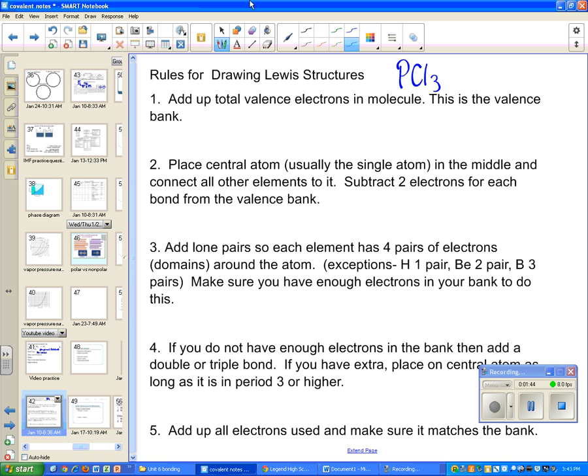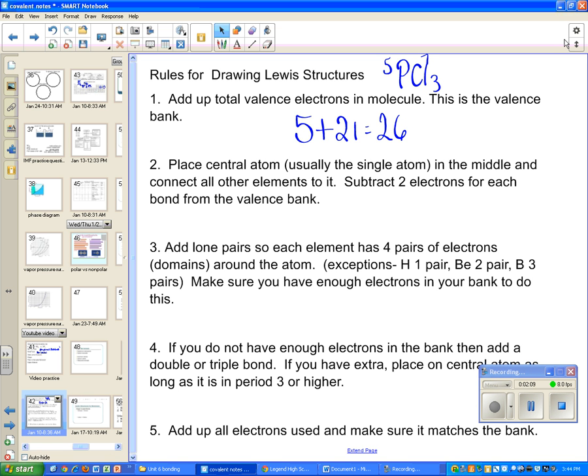P is in group 15, so it has 5, plus chlorine. Chlorine is in group 17 and has 7, and 7 times 3 is 21. So my total valence is 26 electrons. I need to share those 26 electrons to make everybody in this molecule stable.